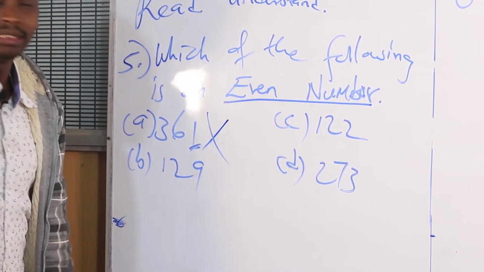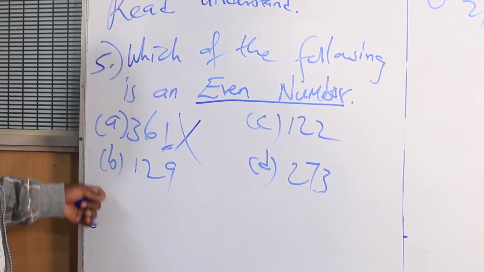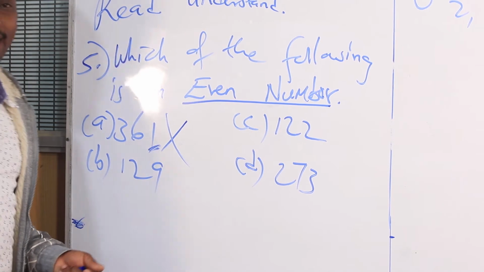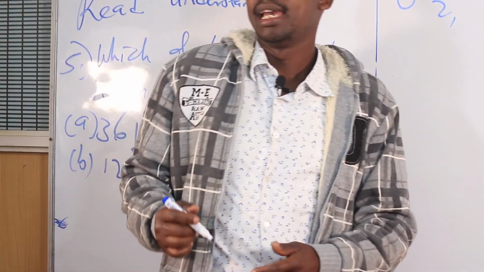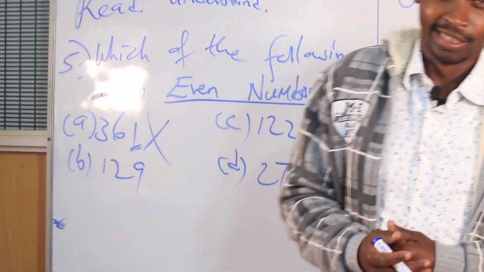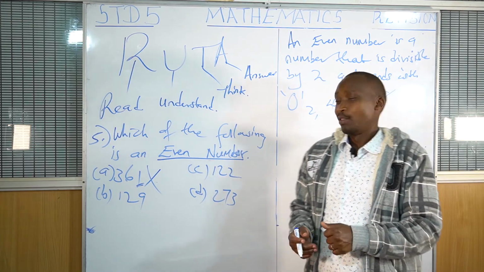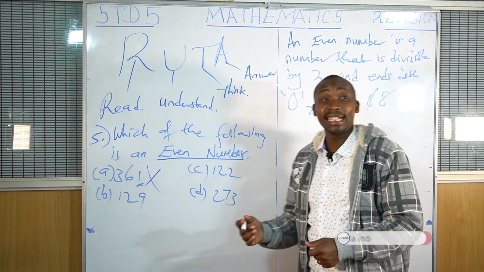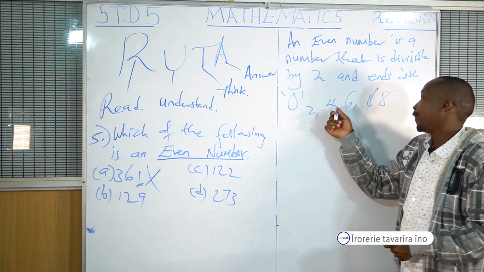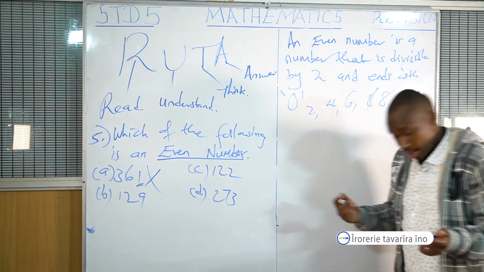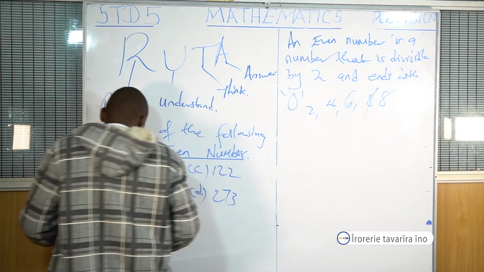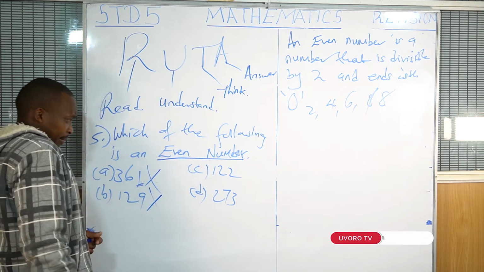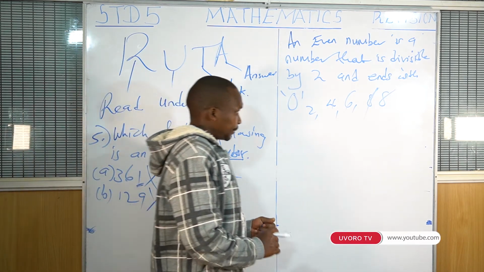An even number. We go to B. 129. It is ending with what? With 9. Very good. So is it ending with 0, 2, 4, 6, or 8? No. So it is not a what? Even number. We go to C.